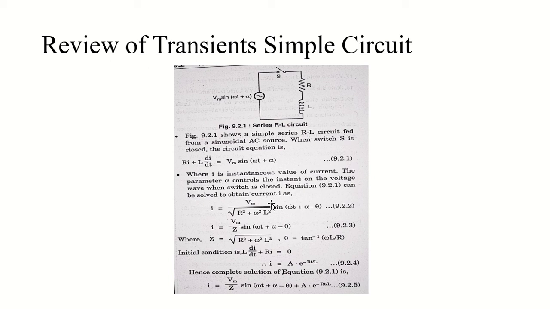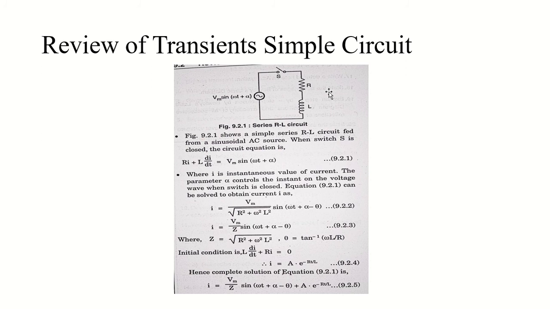So i will be Vm by Z sine omega t plus alpha minus theta, right? And what is theta here? Theta is basically tan inverse of omega L by R, where omega is the frequency, divided by R, right?